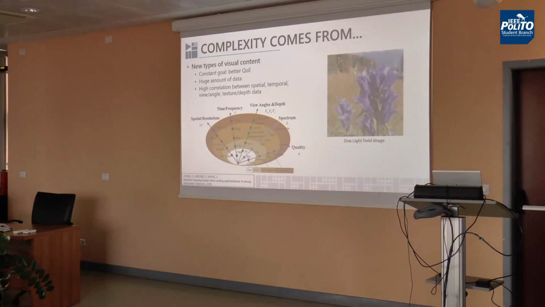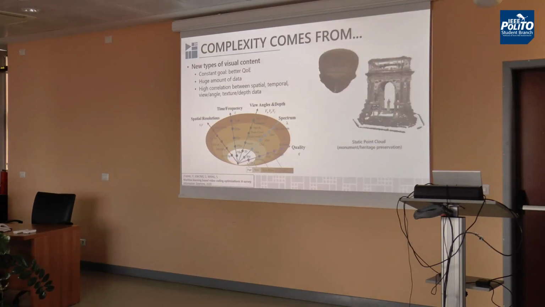The depth is somehow already hidden in the pixel content. So it's a really interesting sort of data to work with. But again, usually we work with a 16 by 16 array of images. So imagine an array of 16 by 16 cameras. We need to deal with that amount of data.